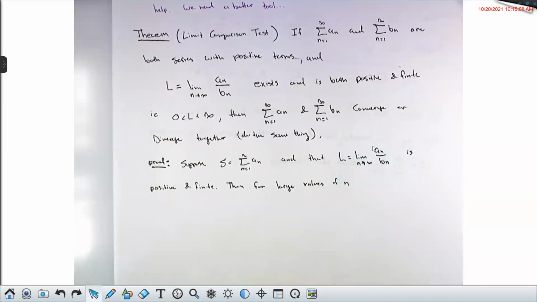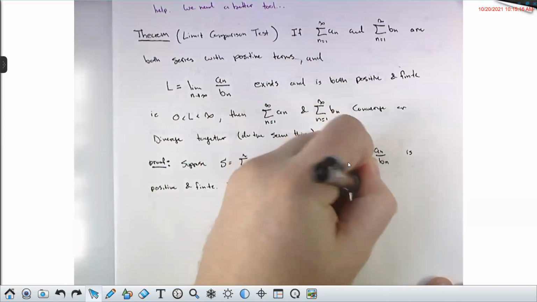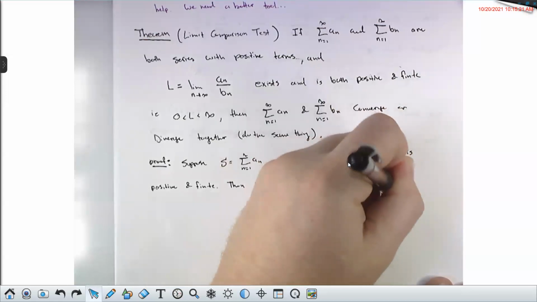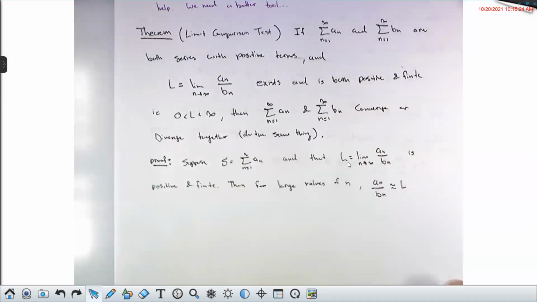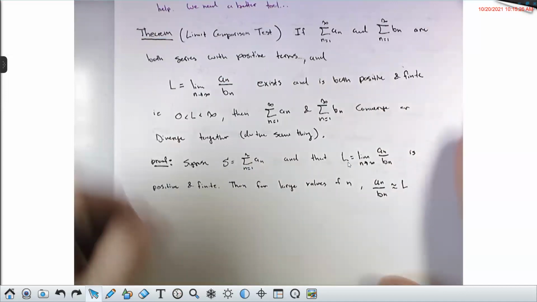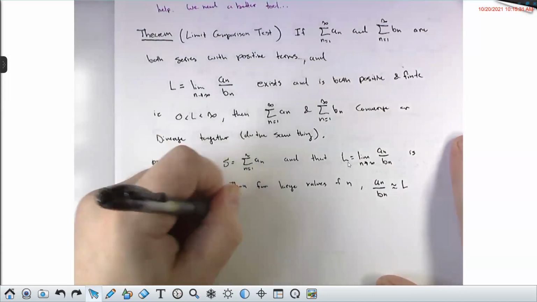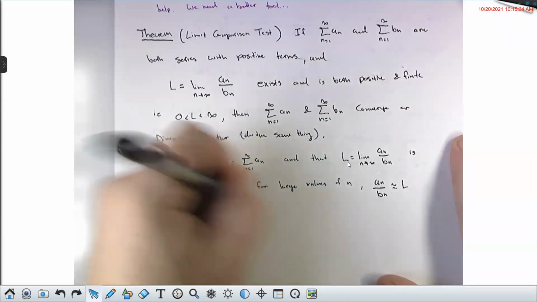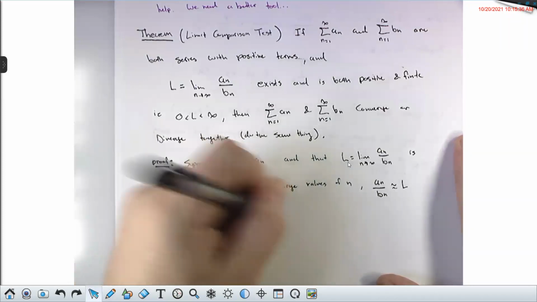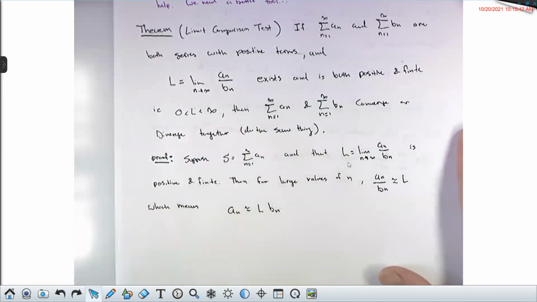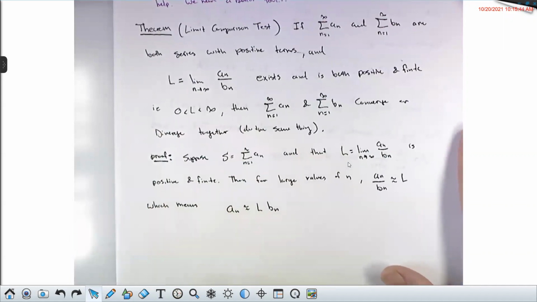Well, it means that as n gets bigger and bigger, an over bn gets closer and closer to L. So for large values of n, an divided by bn must be really close to L, which means an is approximately equal to L times bn, where L is a finite positive number, not 0, not infinity, for large n.